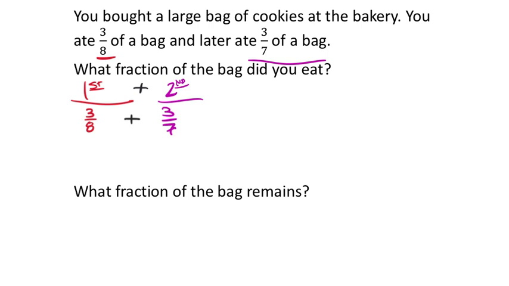Now that we are adding, we need common denominators, so I'm going to take this first fraction and multiply by the second denominator, 7. So that's going to be 21/56. And the second fraction, we'll multiply by 8. So 3 times 8 is 24. 7 times 8 is 56, but we are adding these together. So this is going to give us some number of 56ths, which we are going to add.